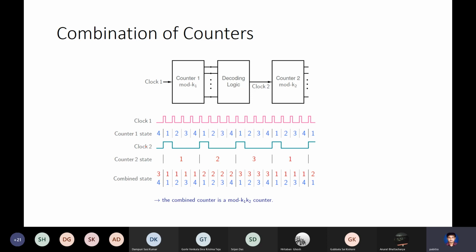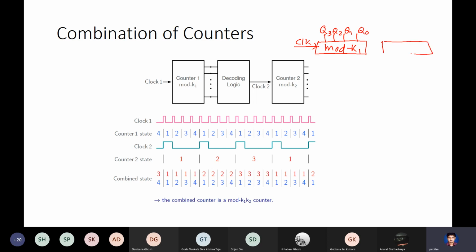Now let us see what happens if we cascade the counters. Because see, it's a ripple counter. So I have one counter, which is a mod K1 counter. It counts from 0 to K1 minus 1. I have the clock as input, and I have the states, say Q3, Q2, Q1, Q0.